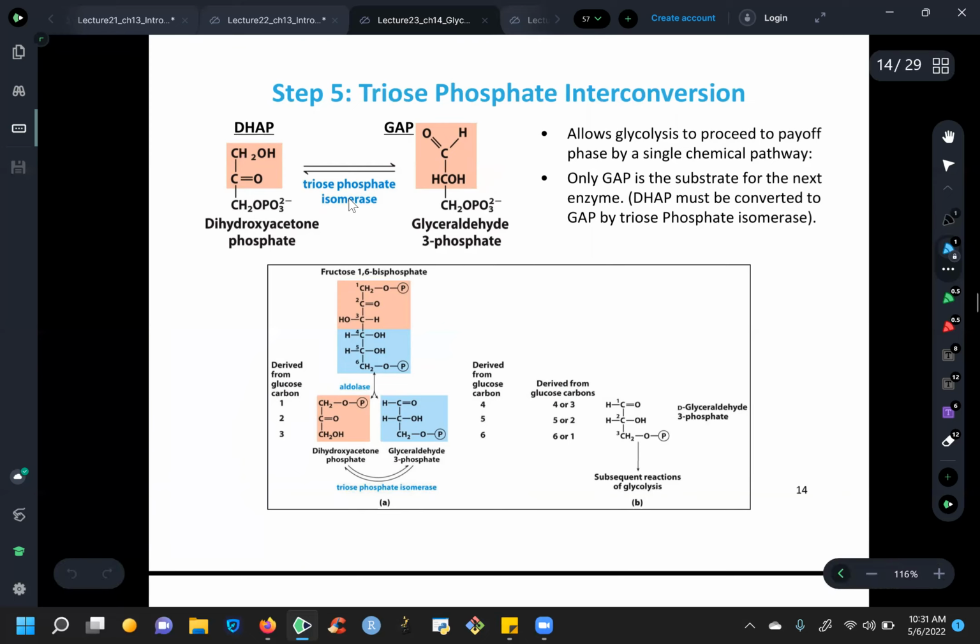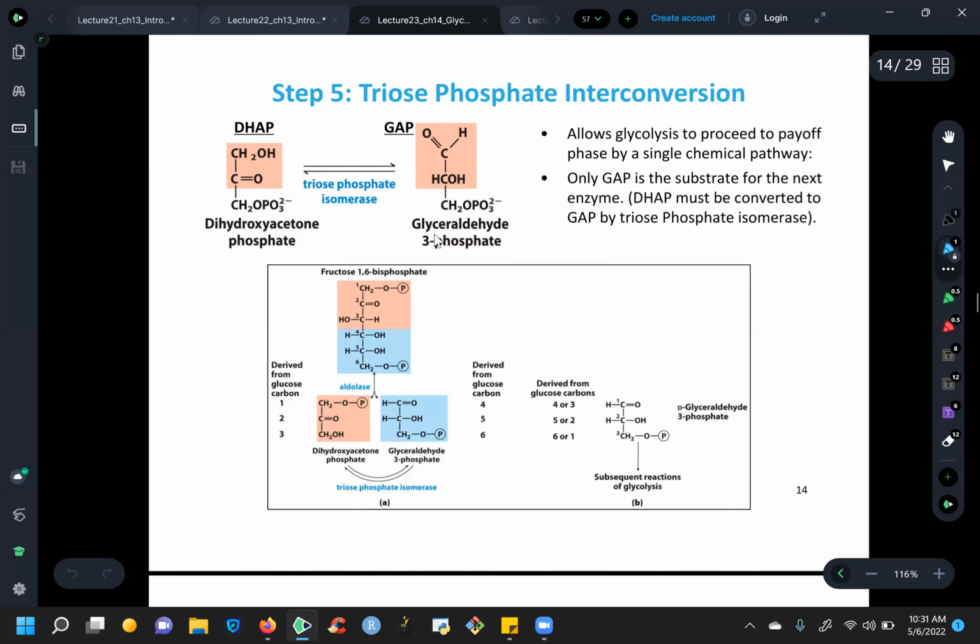So this triose phosphate isomerase can actually turn this G3P, this glyceraldehyde 3-phosphate, into dihydroxyacetone phosphate, or it can turn dihydroxyacetone phosphate into glyceraldehyde 3-phosphate. It's important to remember that it can go in either direction.